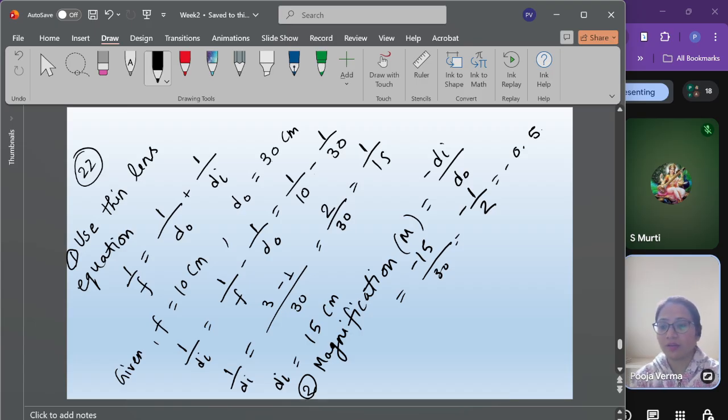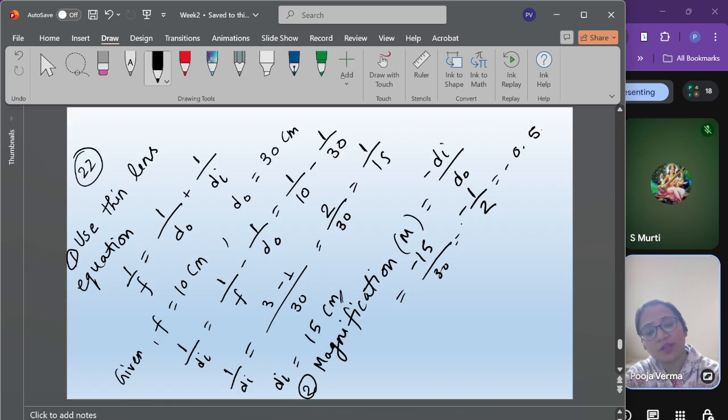So is it fine? So here M has a negative sign. That means the image is virtual, right? The nature of the image is determined by the sign of the image distance.